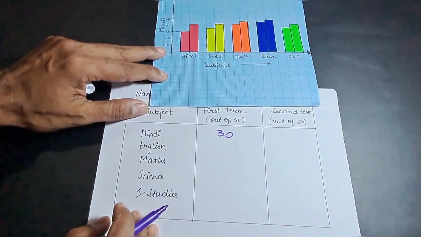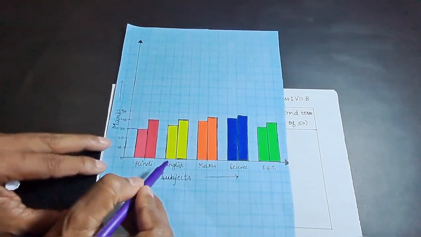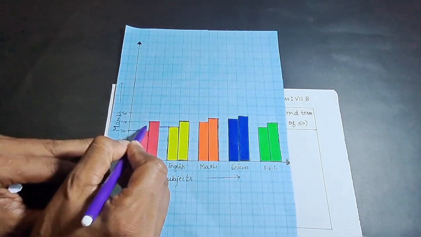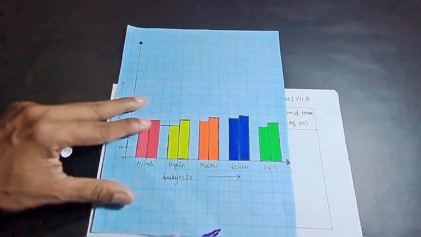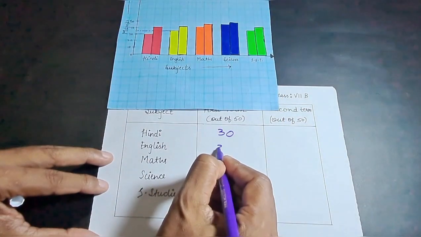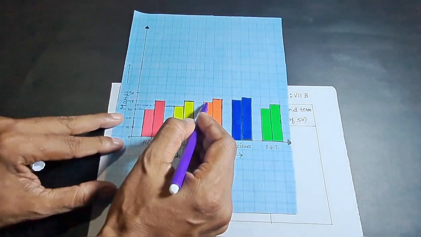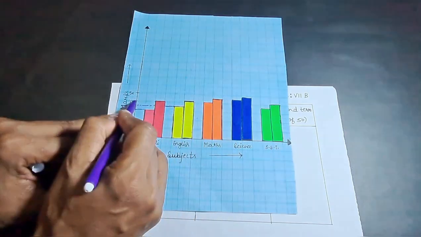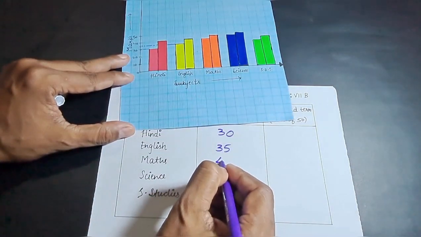Likewise, if you consider the marks obtained in English in the first term, you can see this is coinciding exactly with 35 on the y-axis, and therefore the marks obtained are 35. For mathematics, the marks obtained are just 1 unit above 40, so that is 41, and we write 41 here.